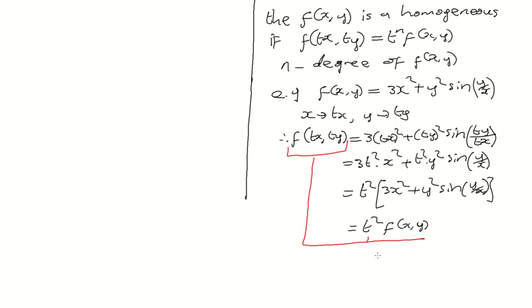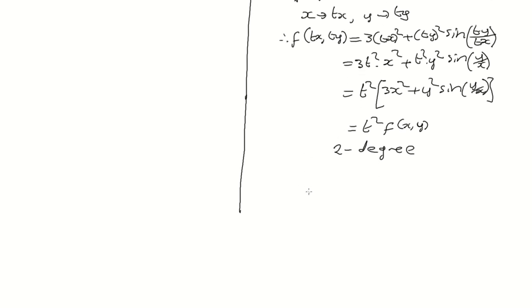This is very special. It tells us that this original f of xy that we are working with is a homogeneous function of second degree. So this 2 is the degree. Right. So this is how we conducted this test.